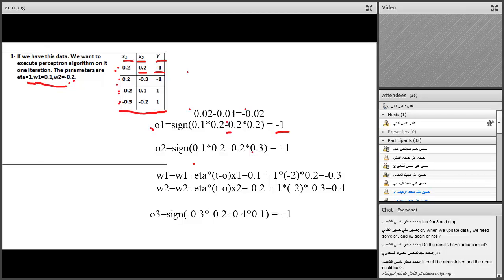This is the algorithm. It is a simple algorithm. It has a loop, and in the loop, it is checking the condition that we should have a zero error.